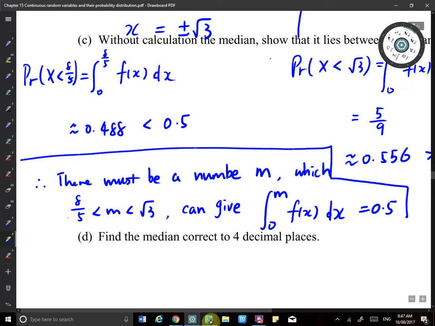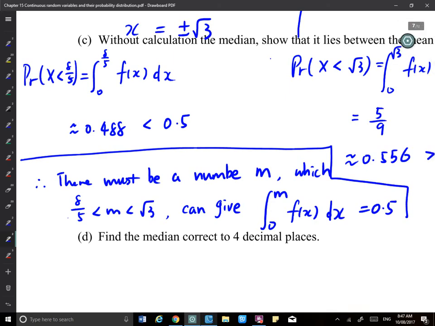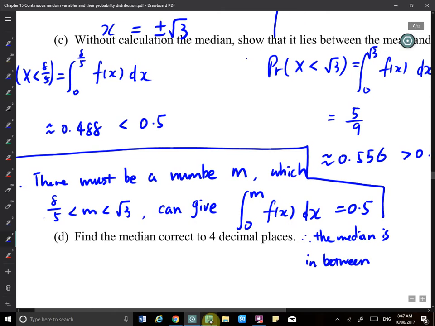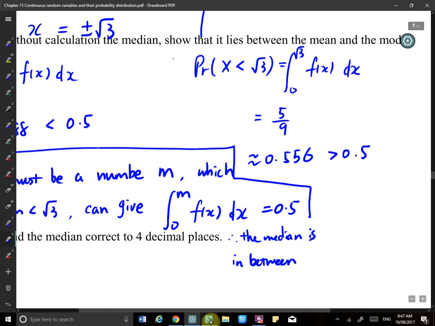Because here it is less than 0.5, and then going up it will be greater than 0.5, there must be a number in between that gives you exactly 0.5. So the median is in between 8 over 5 and root 3.